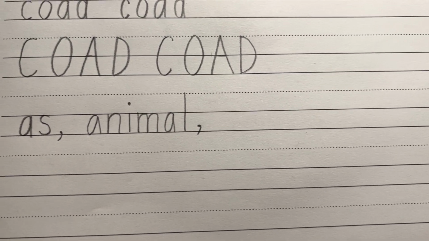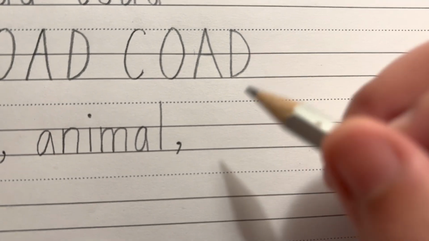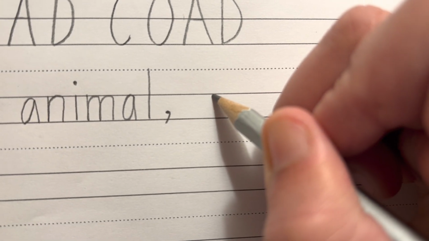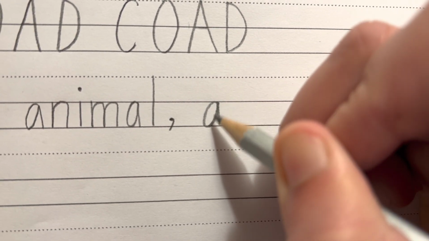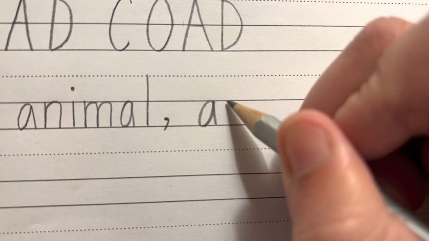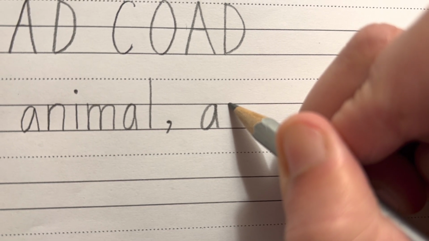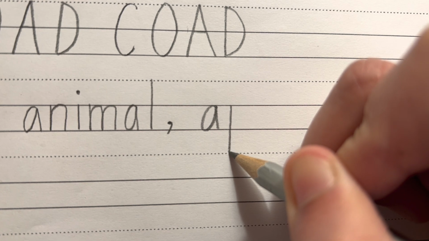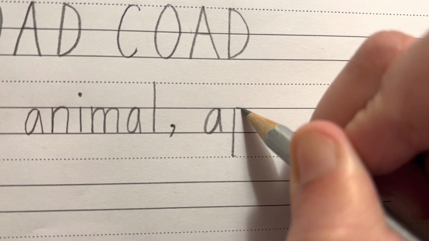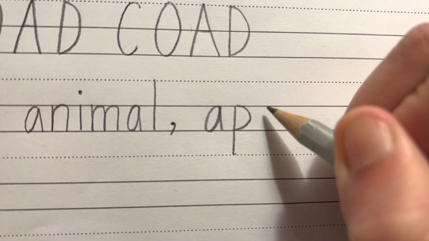Next word is apple, A-P-P-L-E. This one, when you write the A, it's the same, going around, up and down onto solid line. For the P, you're going to start with the solid line, going straight down all the way to the bottom dotted line, and then join together.